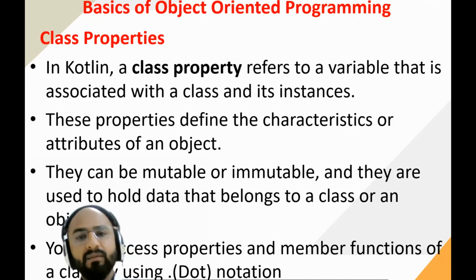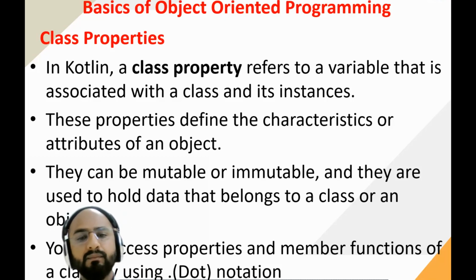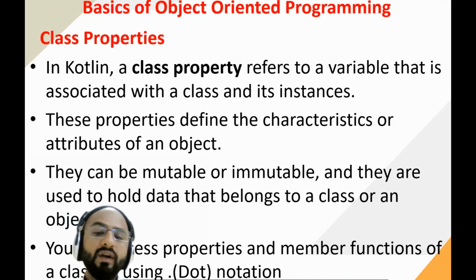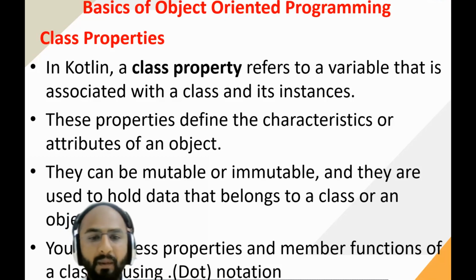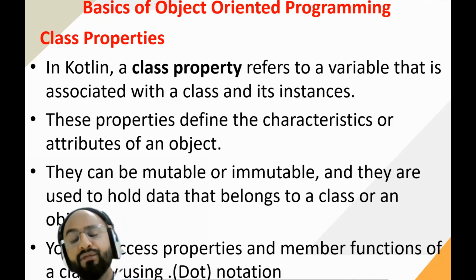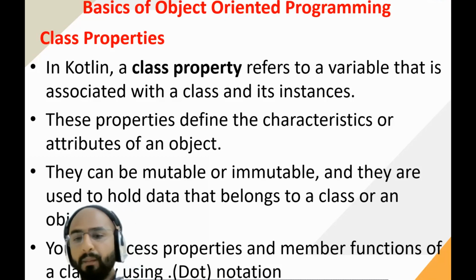So if you are creating a variable in the class, that variable can be of two types, mutable variable and immutable variable. If you are creating a mutable class property, it means that property can change the value at runtime. And if you are creating an immutable property of that class, it means that the value cannot be changed.